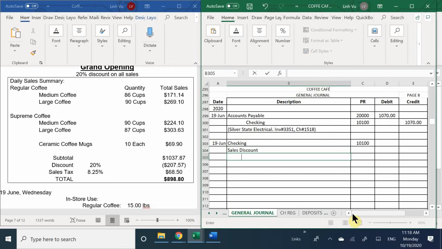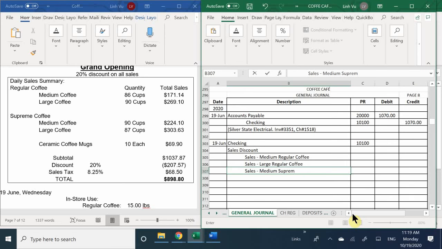All right, let's start with one at a time. First one. Sales medium regular, good. Sales large regular, sales medium supreme, good.